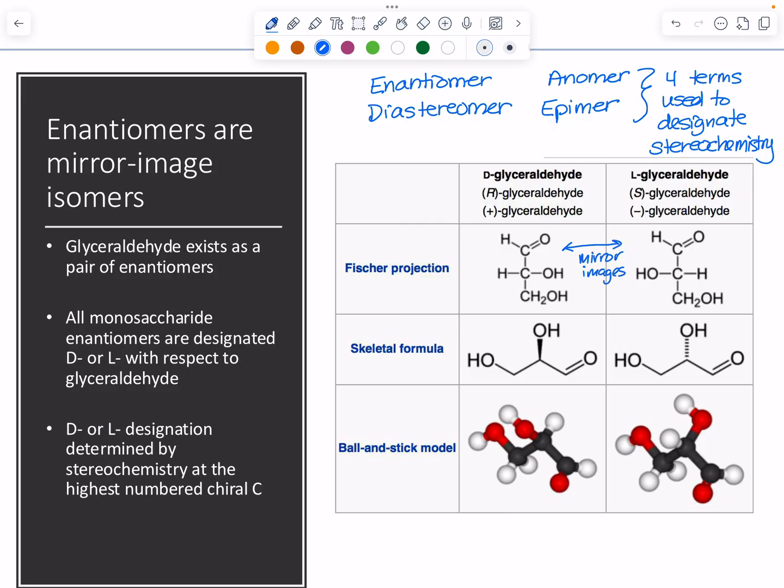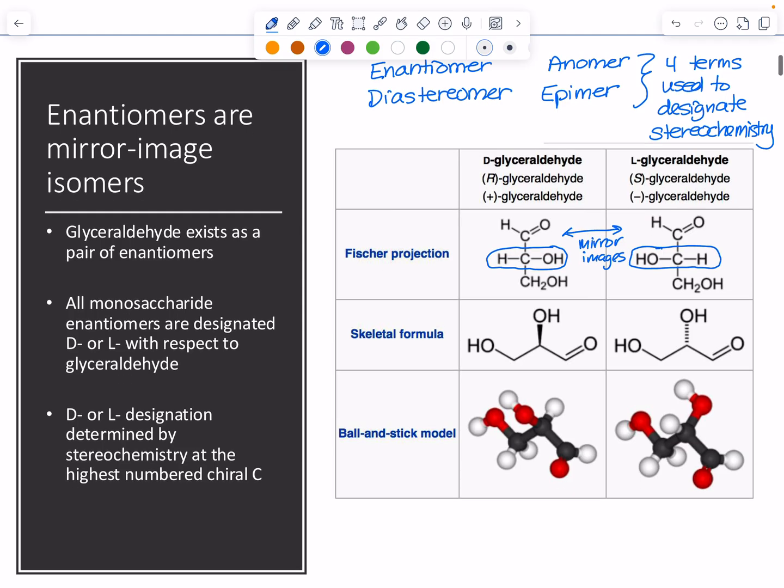All the stereocenters in our molecule have their chirality reversed. So enantiomers are non-superimposable mirror images. Glyceraldehyde is a classic example, and this is also our reference molecule for calling a monosaccharide D or L. Glyceraldehyde is our reference for the D or L designation.